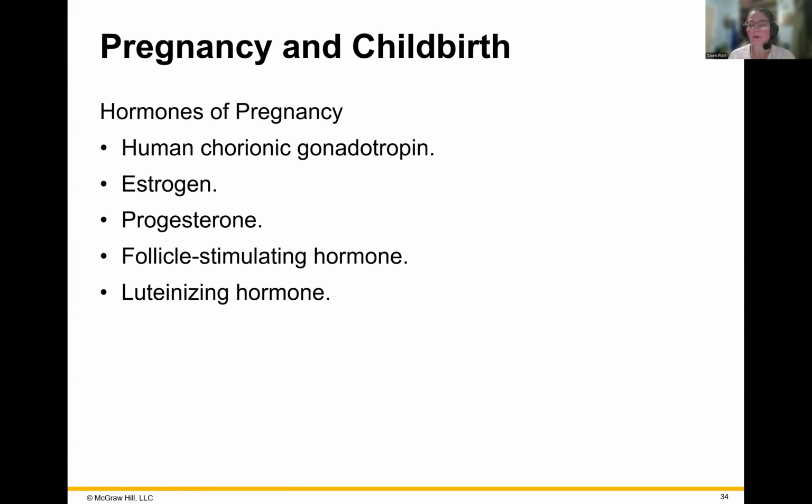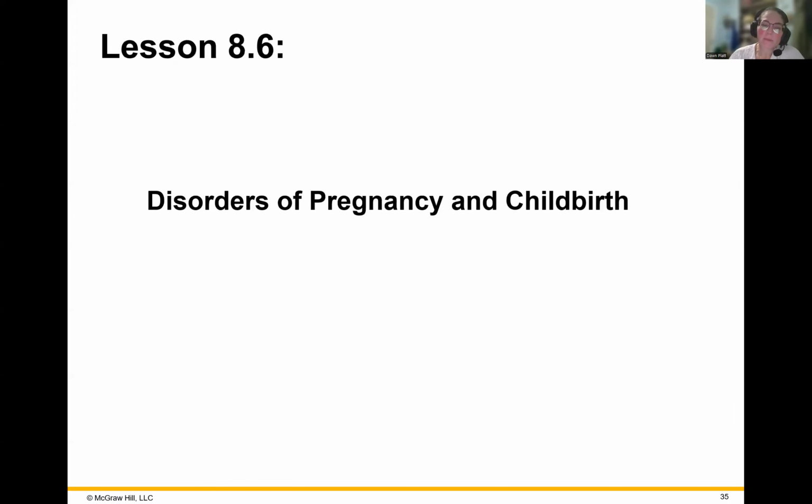Your body will create these hormones that stimulate things to happen in your body. So your human chorionic gonadotropin, estrogen, progesterone, which we've already talked about, follicle stimulating hormone, and luteinizing hormone. You will see what those things do on page 234 in your textbook.